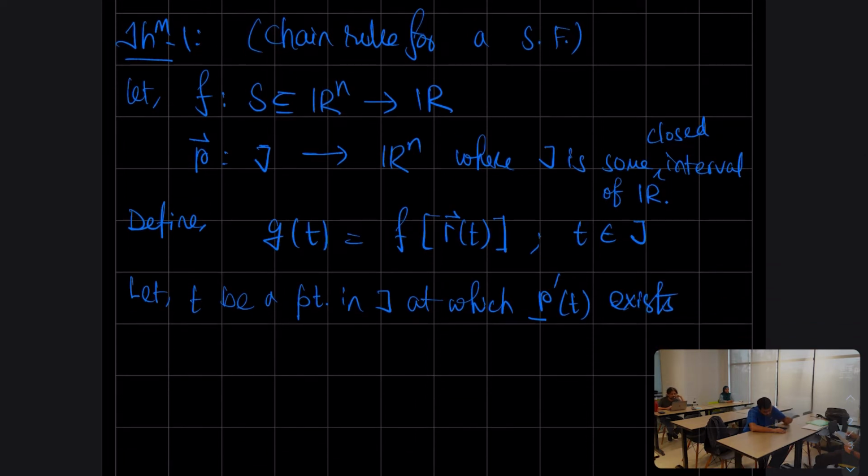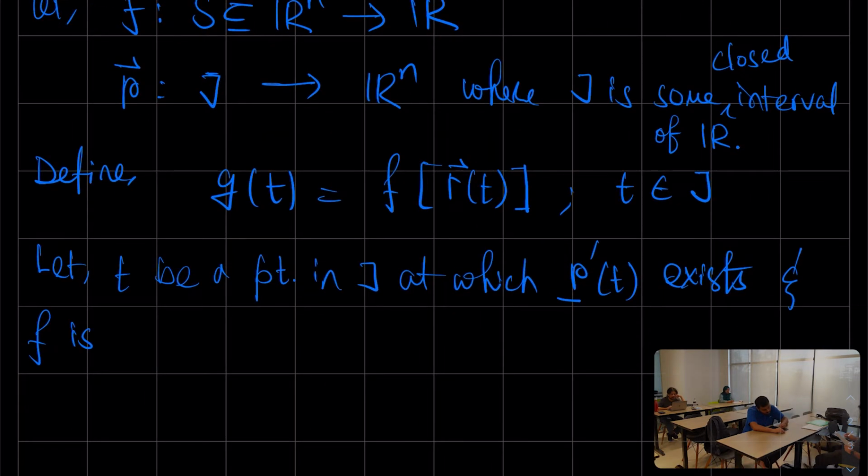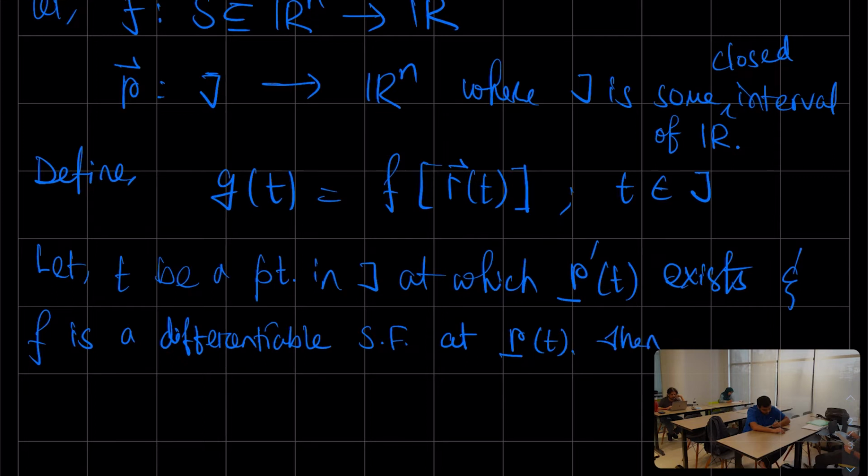And f is a differentiable scalar field. And g prime t exists. Why does g prime t exist? Because f and r are already well defined. F's derivative is well defined, and r's derivatives are well defined.